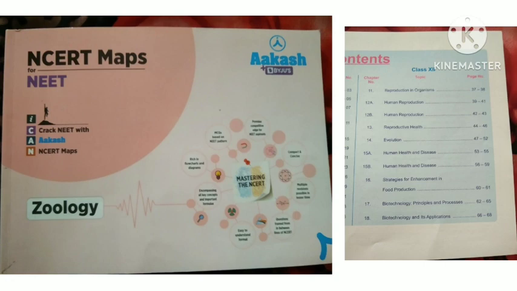Meloidogyne incognita is a nematode. Genetically modified organisms: the Green Revolution resulted in tripling of food production. Organisms including plants, bacteria, fungi and animals whose genes have been altered by manipulation are called genetically modified organisms, GMO.